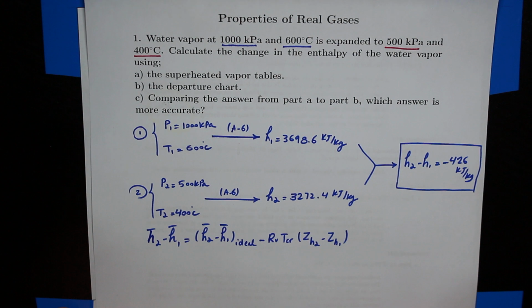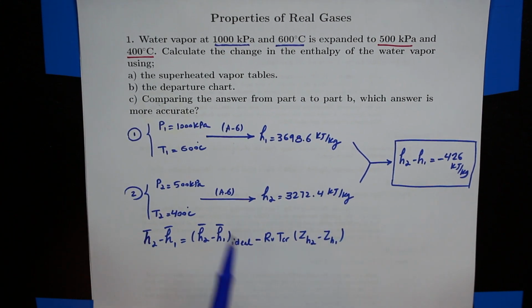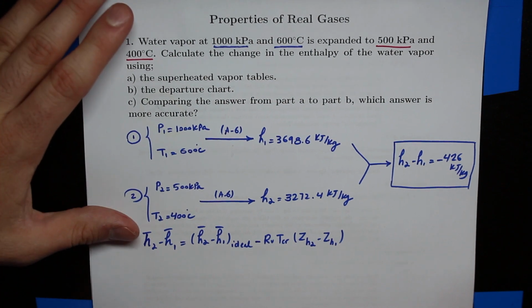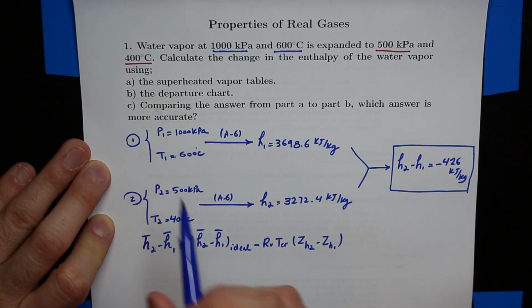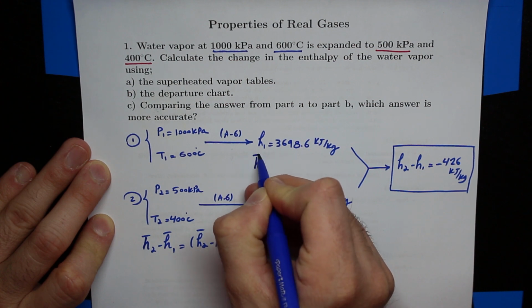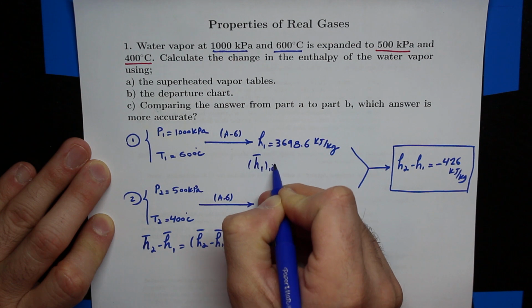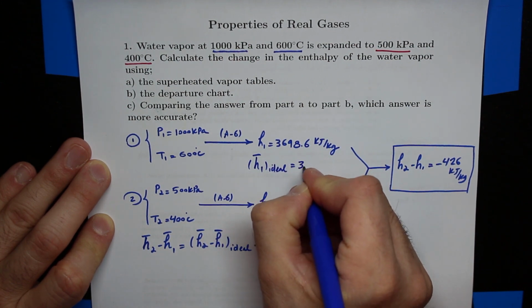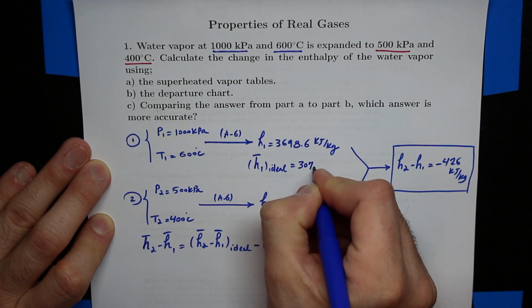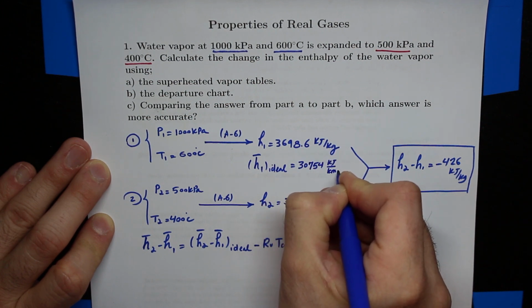Okay, so I can obtain them from table A23. For state 1, which is this state here, H bar 1 for ideal is equal to 3754 kilojoule per kilomole.